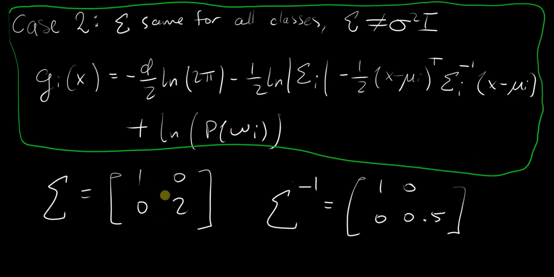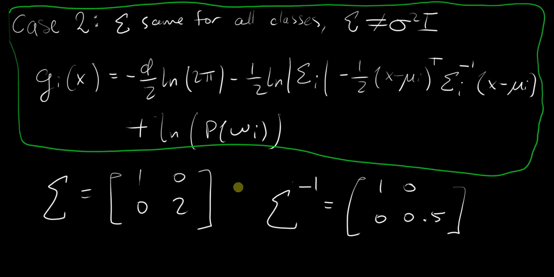So it is diagonal, but because you have different values in the non-zero elements, you know that it's not a scalar multiple of the identity matrix. And also the covariance matrix has to be the same for all the classes, but it is in this case, so that's all right.